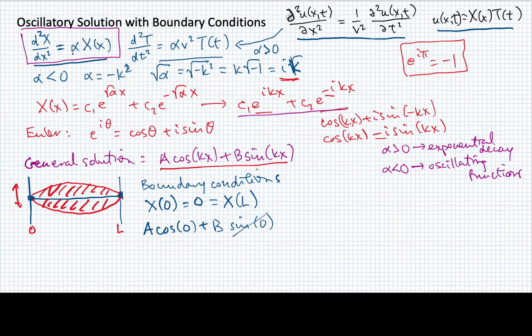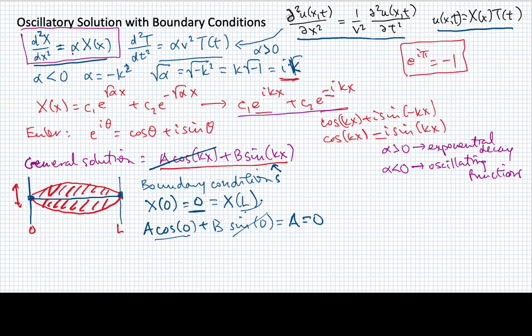Well, this is just 0. This is equal to 1, so that's equal to a, but it's equal to 0 according to the boundary condition. So in other words, I can forget the first term. So all I have is the second term here.